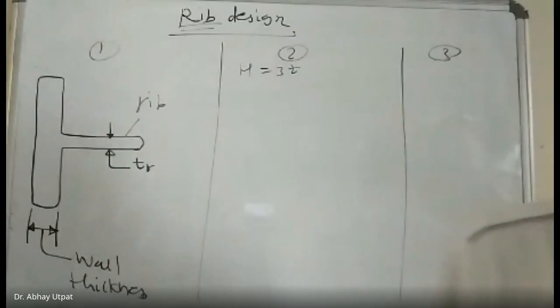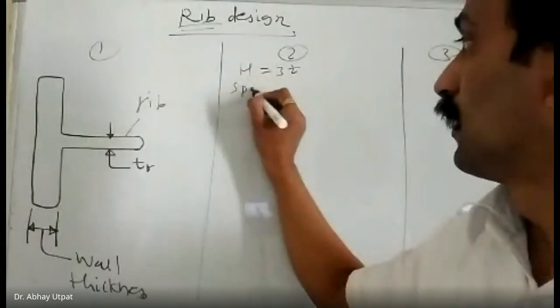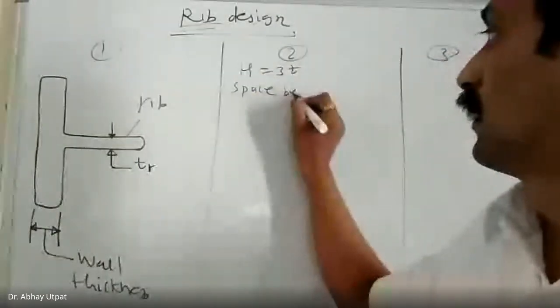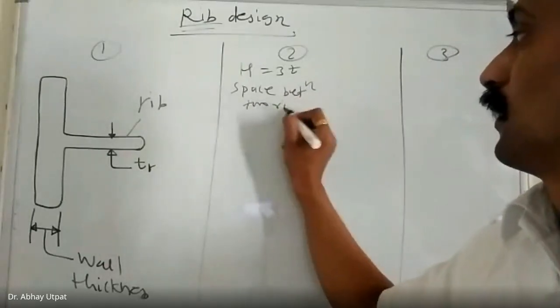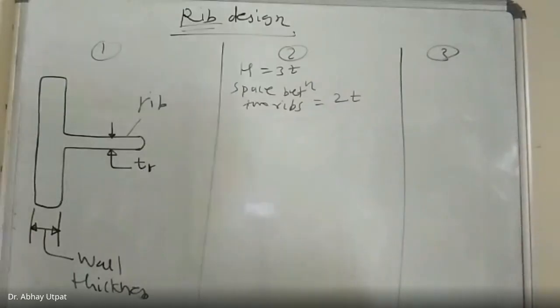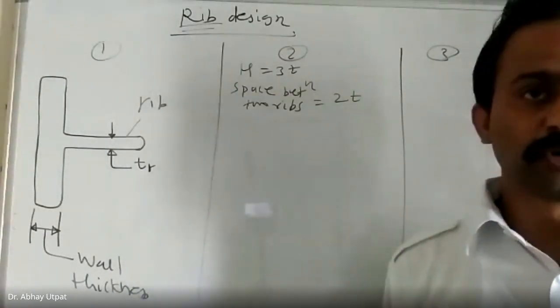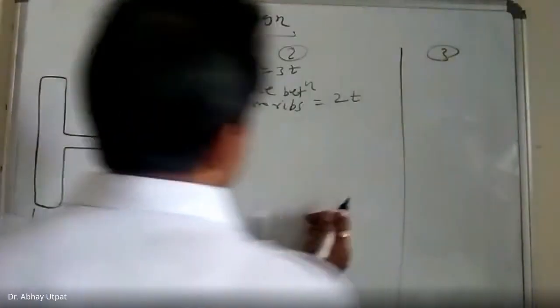The height of rib is 3T, and space between two ribs is equal to 2T.